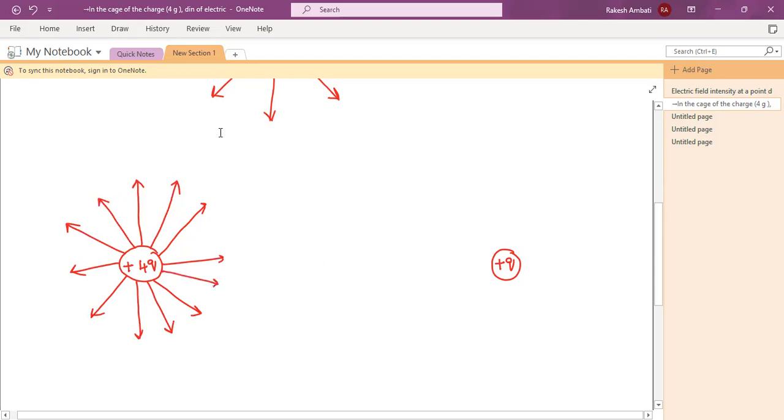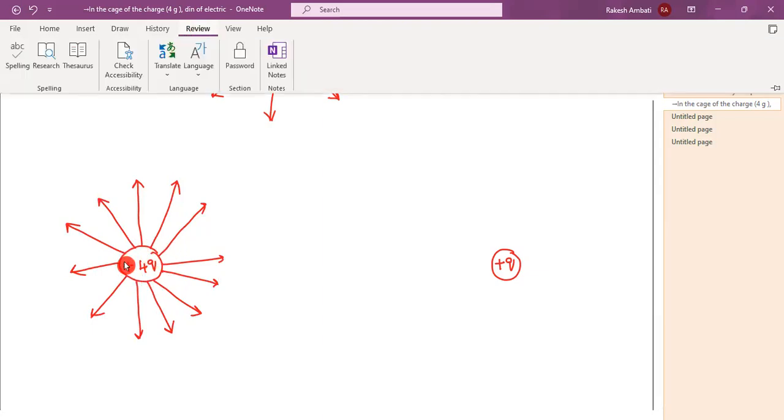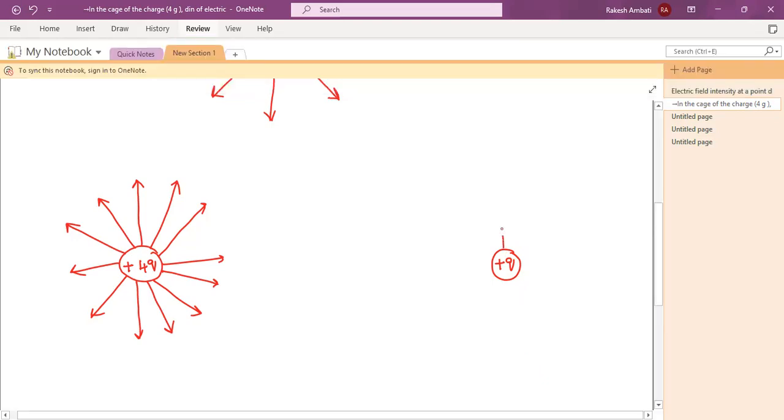In this figure, it is plus 4q, so greater the magnitude of the charge, stronger the electric field, so more electric lines of force are present. In this figure, comparatively smaller magnitude of the charge, weaker the electric field, so fewer electric lines of force are present.